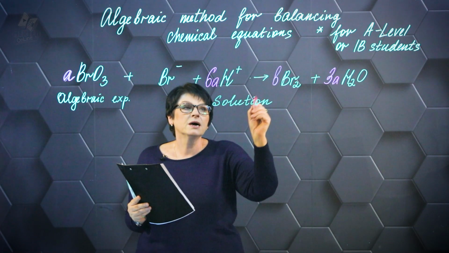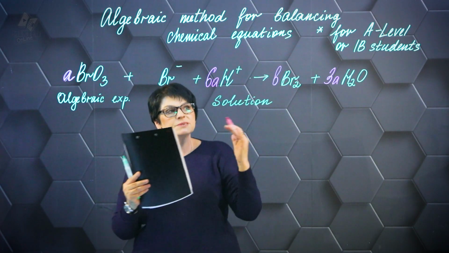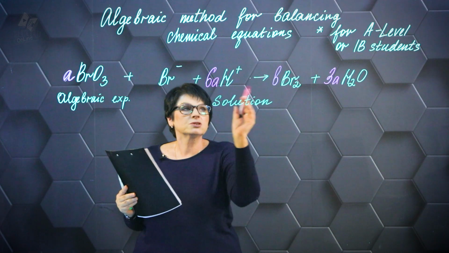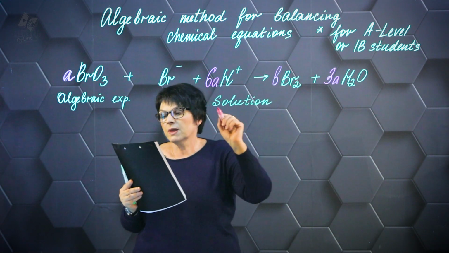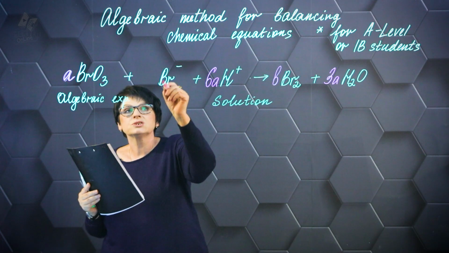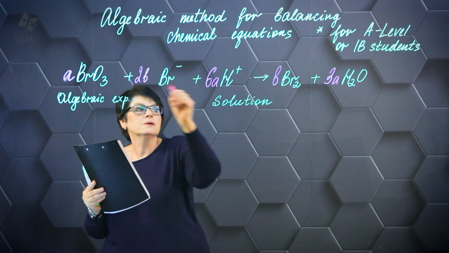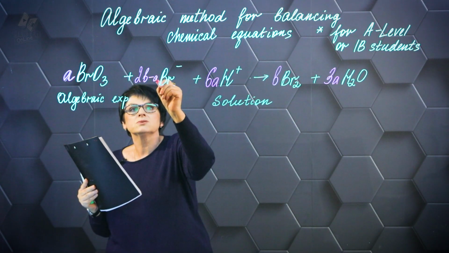Why have we done that? Because the bromine on the right-hand side is a joint bromine, obtained both from here and from here. It's combined. Then here we can see it's Br2, so the bromine coming in here is going to be 2B minus this A. That's how we got the letter coefficients.